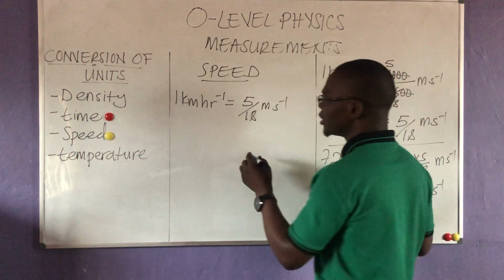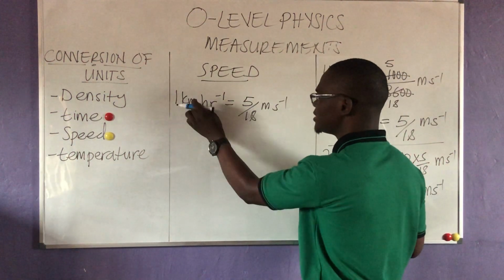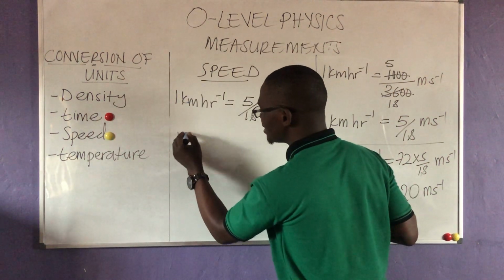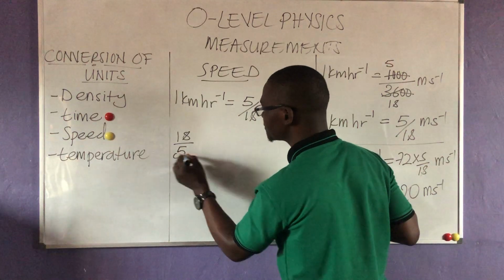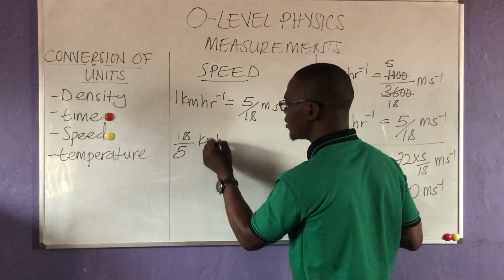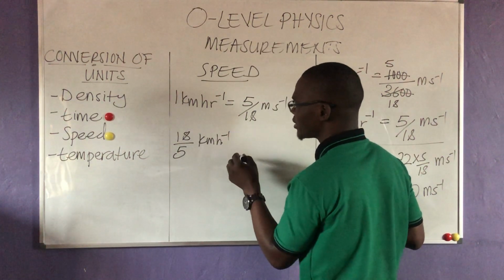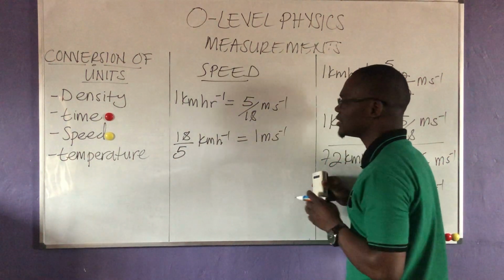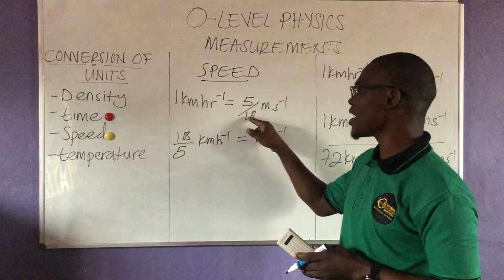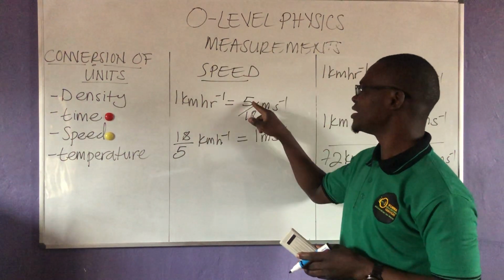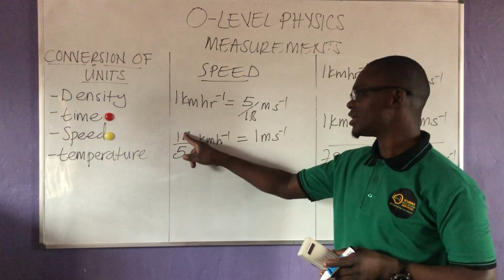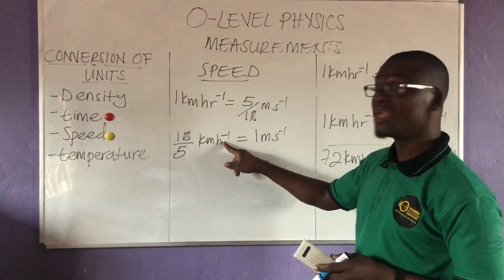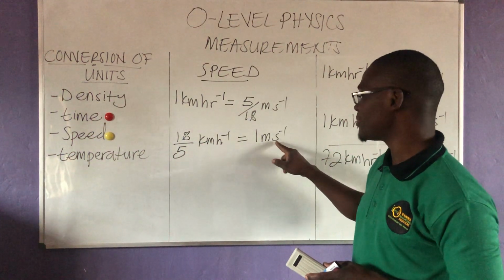Meaning, we are going to multiply both sides by 18 and divide by 5, so that we end up with 18/5 kilometer per hour equals 1 meter per second. We multiplied both sides by 18 and divided by 5 to get 18/5 kilometer per hour being equivalent to 1 meter per second.